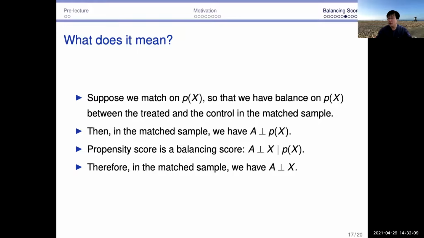The larger the sample you have, the better chance you will have of getting a good propensity score model. And in which case, if the number of covariates is also large, then you might want to match on the propensity score instead of the entire set of covariates. But that's a good point.